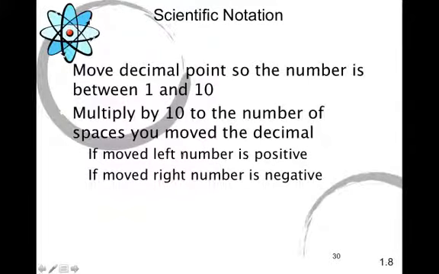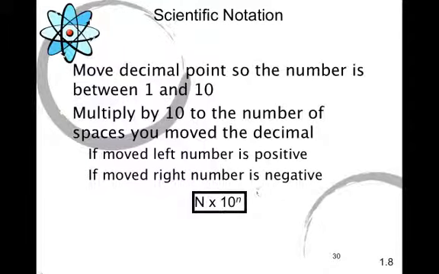Scientific notation. I'm sure most of you are familiar with scientific notation, where you move the decimal point so that the number is between 1 and 10, and then you multiply by 10 to the number of spaces you moved the decimal. N is the number between 1 and 10 times 10 to the power of however many decimal places.